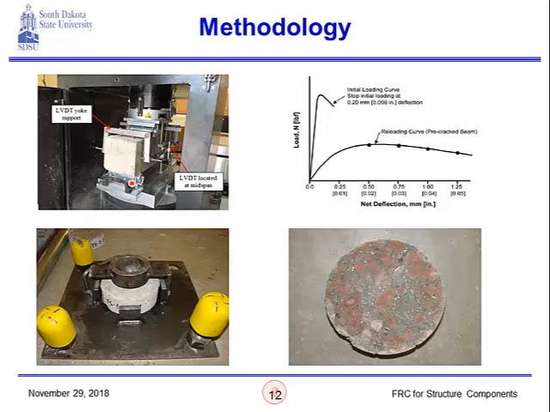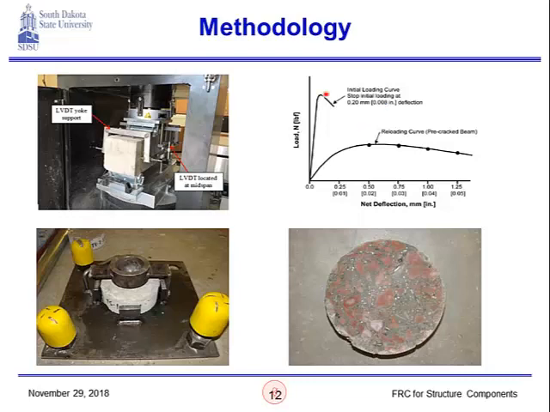Initially we place a steel plate under the beam, and then we load it until we have the first crack, which usually develops in the midspan area. Once we have the first crack, we will see a sudden drop in the load, and this usually happens at a deflection below 0.008 inches.